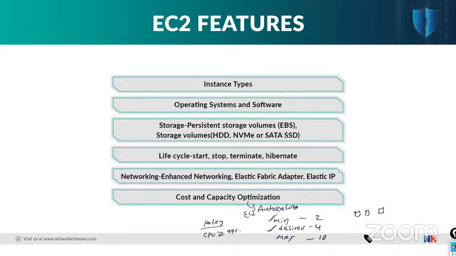It will add one more VM. Let's say on this VM also CPU reached 99%, it's going to add one more VM. Let's say auto scaling recognized that on one of these VMs CPU utilization dropped below 99%, it's going to remove it, and it will also maintain 2 VMs.